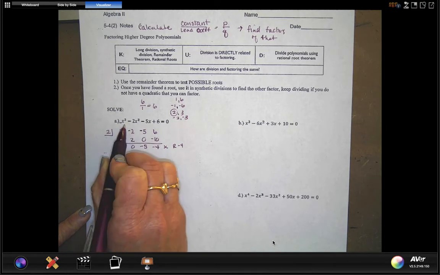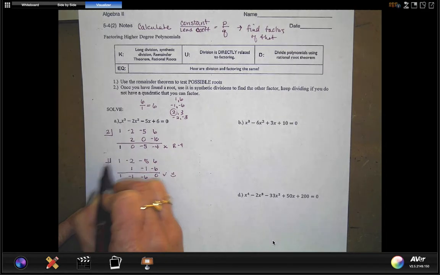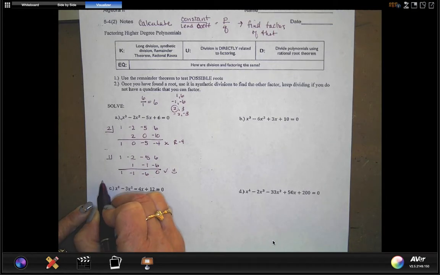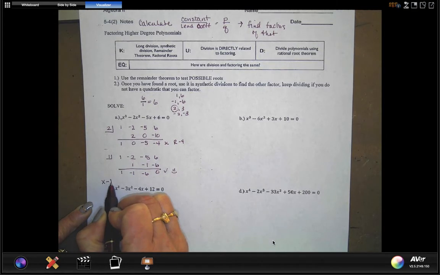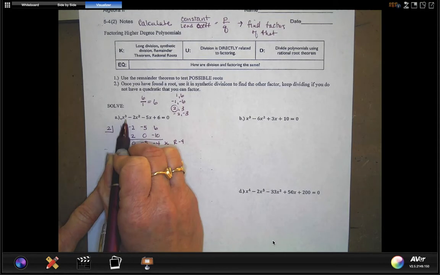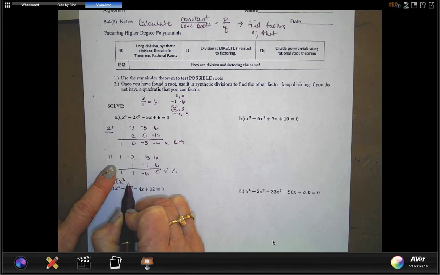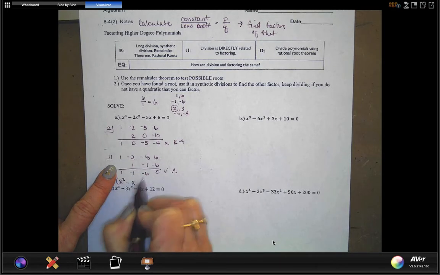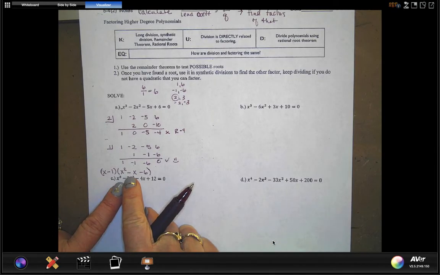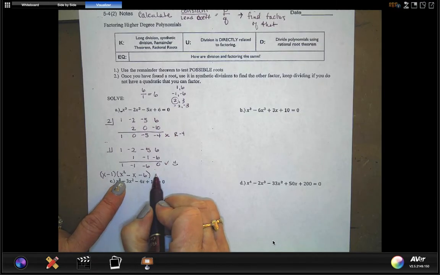So that means one of my factors is x, and whatever that number is here, you always have to change the sign when you write it as a factor. So I have x minus 1, and then I no longer have cubed. I have x squared minus 1x minus 6. Well, this now looks like what we knew from before, so then I can keep factoring this.